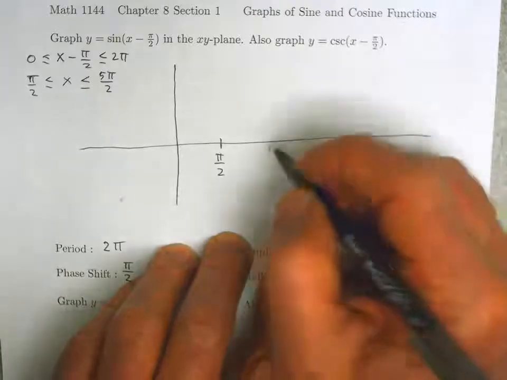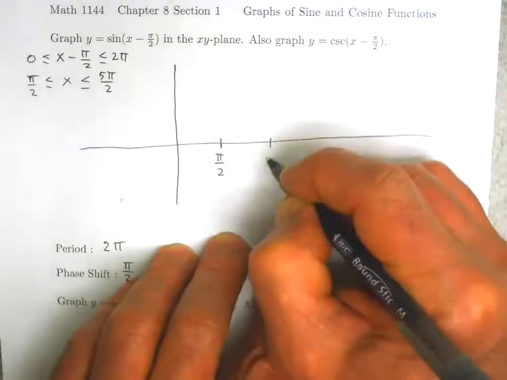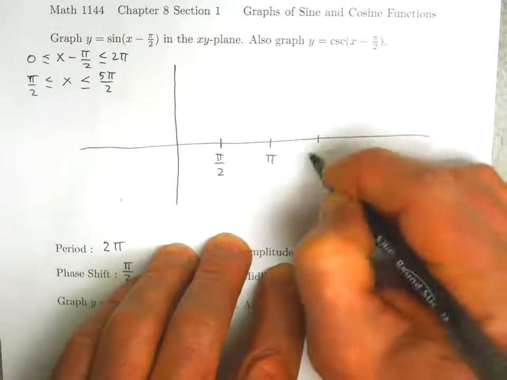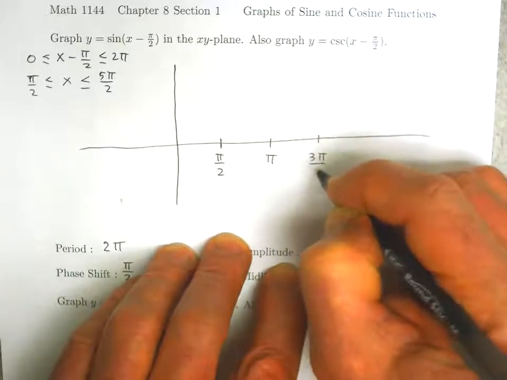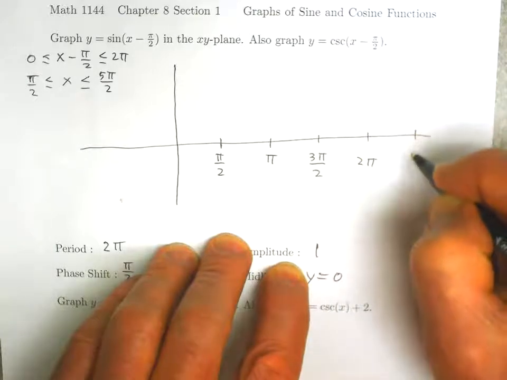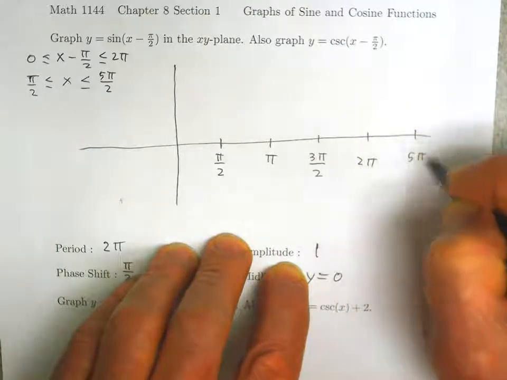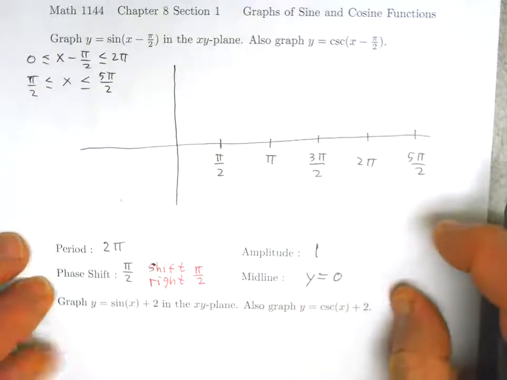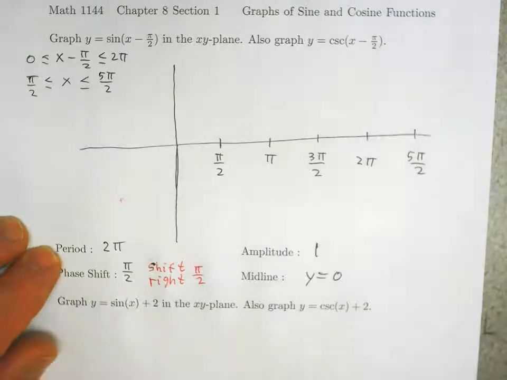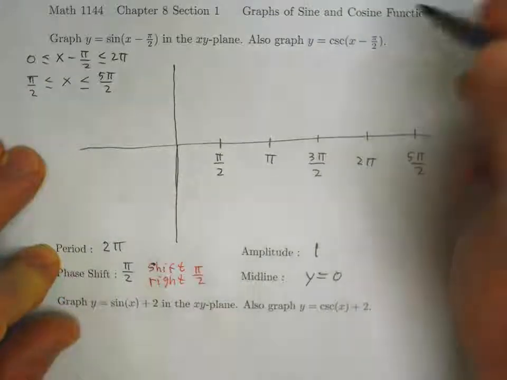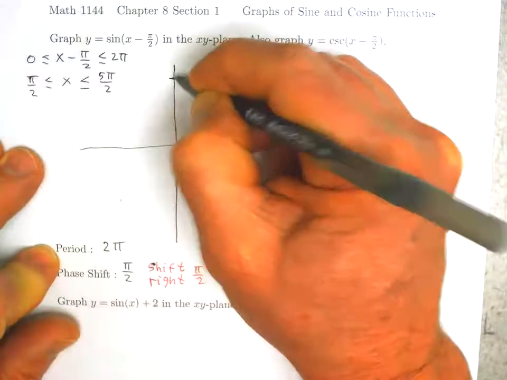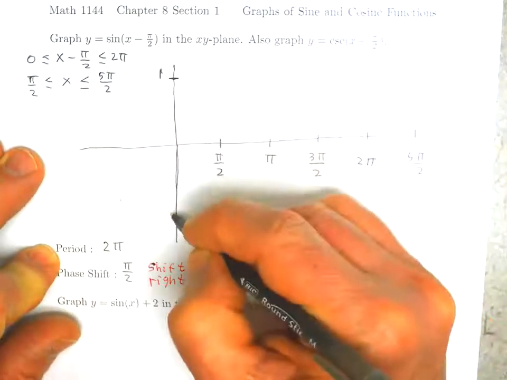So each of the subintervals will have length pi over 2. So this will be pi, 3 pi over 2, 2 pi, and 5 pi over 2. So the amplitude is 1. I'm going to put it a little higher on this one, a little bit lower down here.